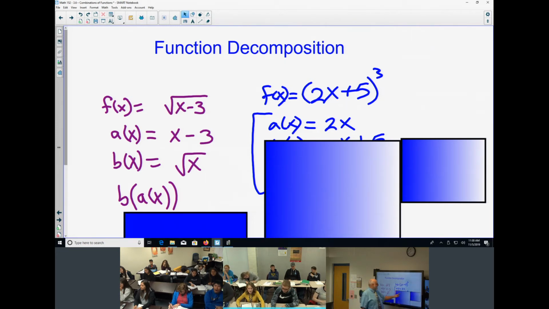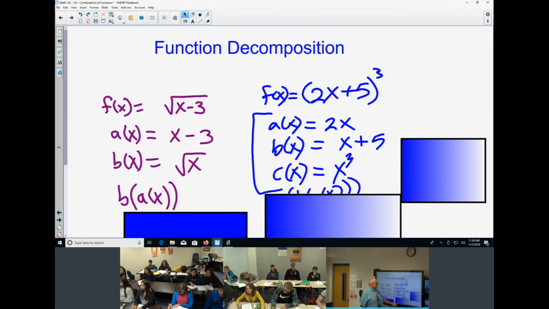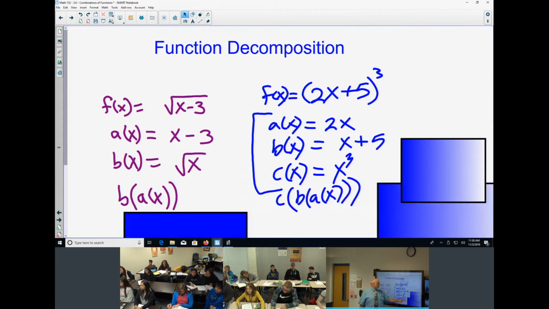Add 5. So my second function is adding 5. And then my third function would be to take that and cube it. So in this case, it's the c of the b of the a of x. So there are actually 3 functions that are combined together.